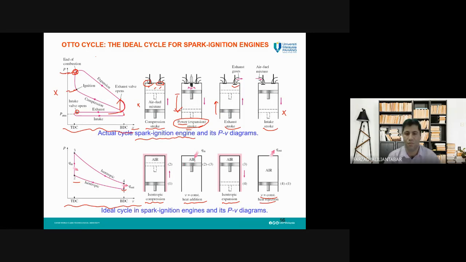Instead of movement of the piston and production of power during this cycle, for example the power expansion, it is assumed the piston is in a constant place, but the energy Q in is given to the system. So constant volume, but heat addition to the system. This is just our assumption. So then we can have this graph, which we call the Otto cycle.